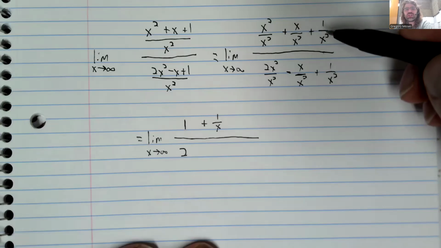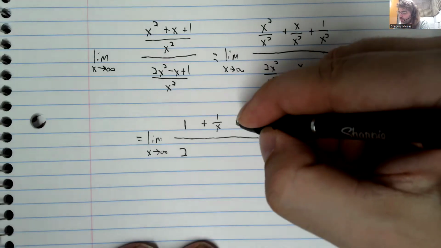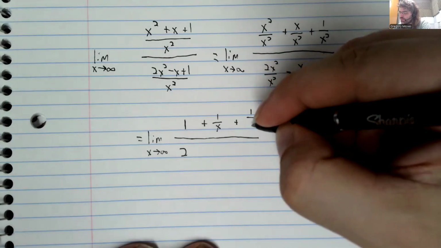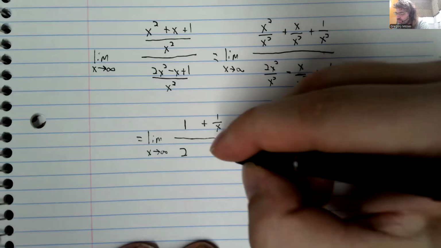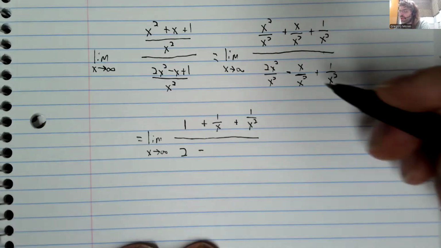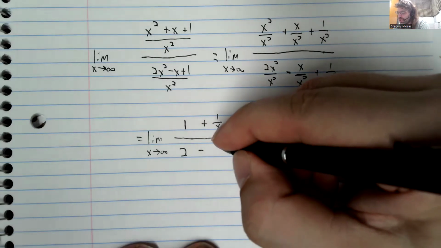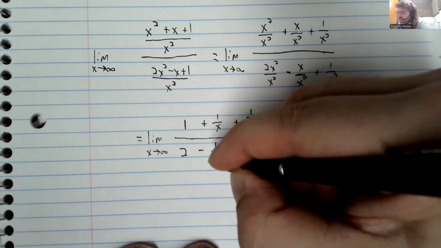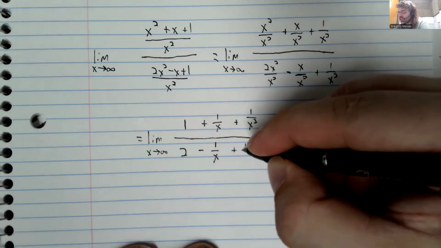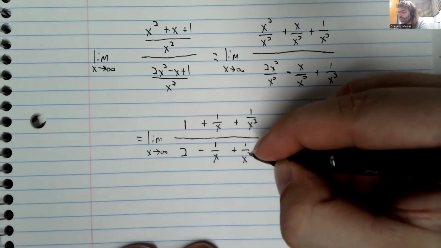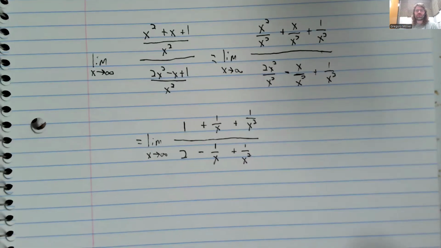No cancellation in the third term. It remains 1 over x squared. Down below, x over x squared, we get minus 1 over x. And then again, no cancellation in the third term, 1 over x squared.